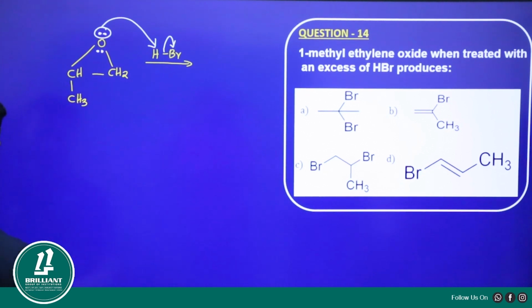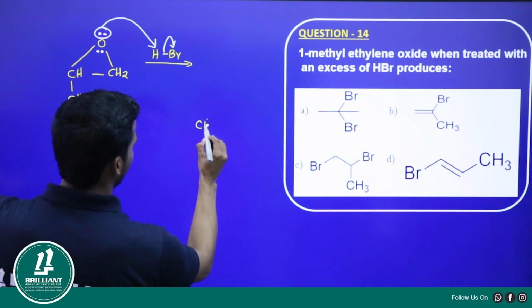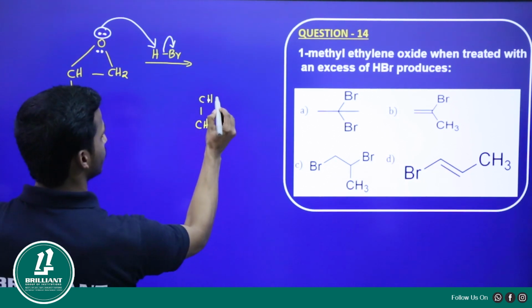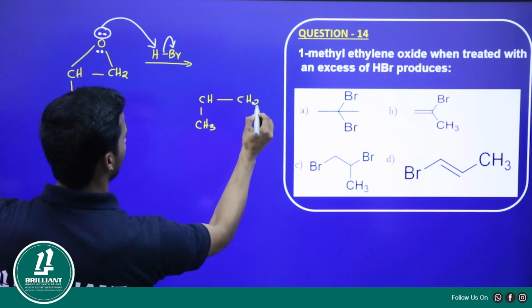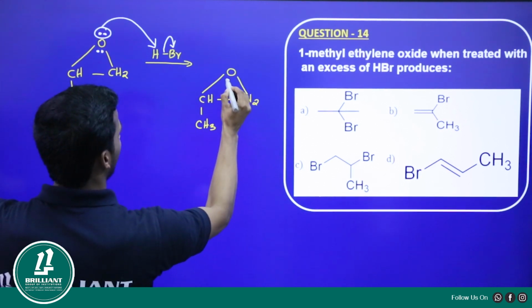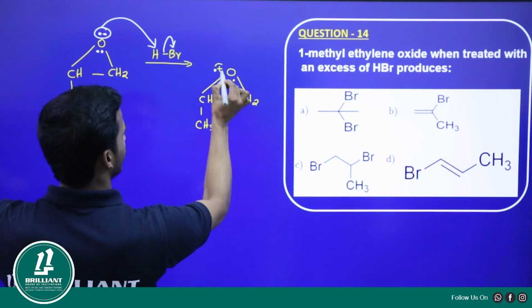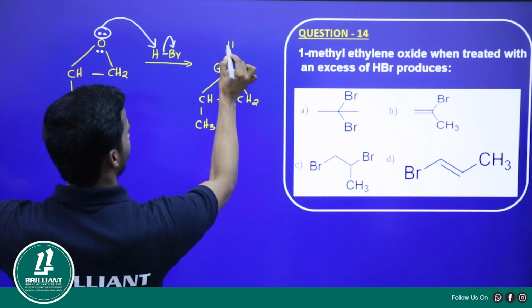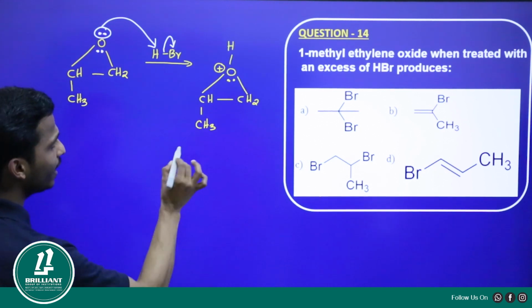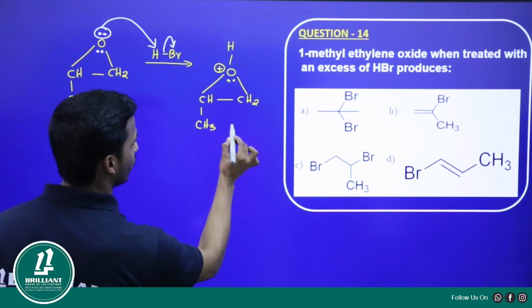So we can write the compound here: CH3, CH, CH2, and the oxygen already has one lone pair, and with this lone pair donated, it will get a positive charge as it accepted one H. And it is going to react with Br minus, which is produced here, right?